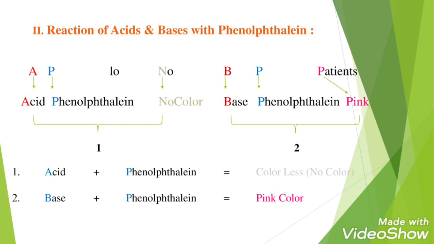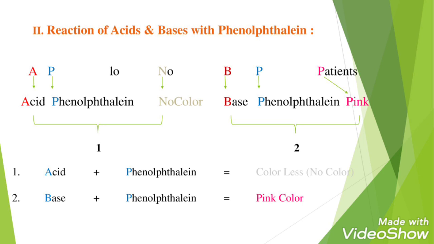This is the same as the first topic, only one sentence. That sentence is: AP have no BP patients. AP have no BP patients. Simple.